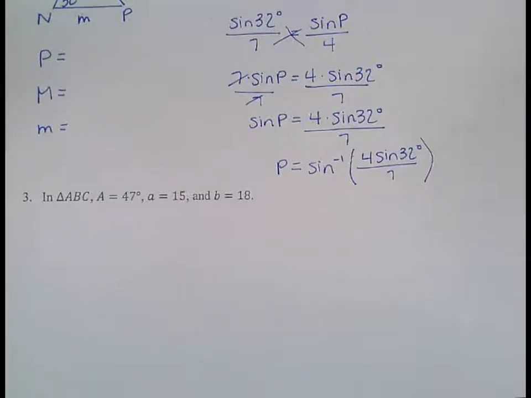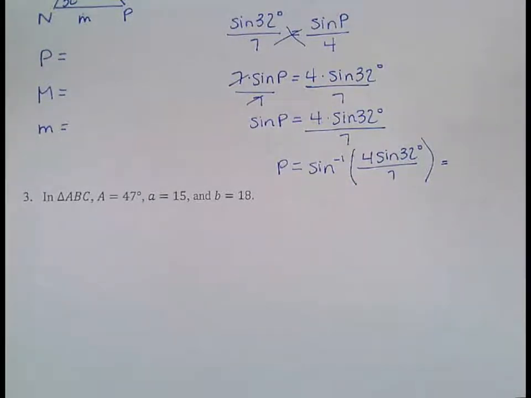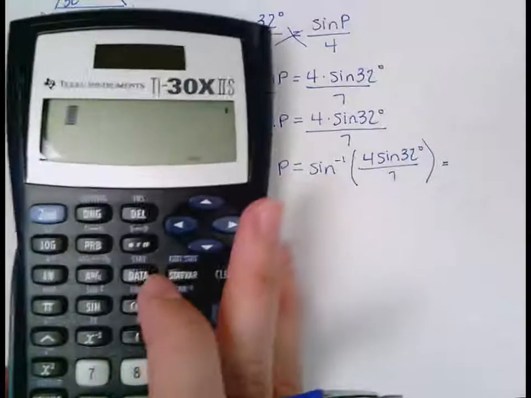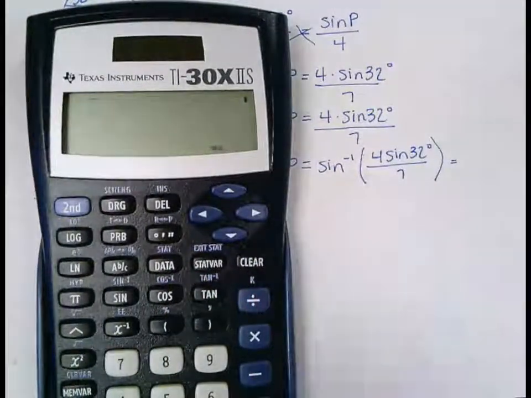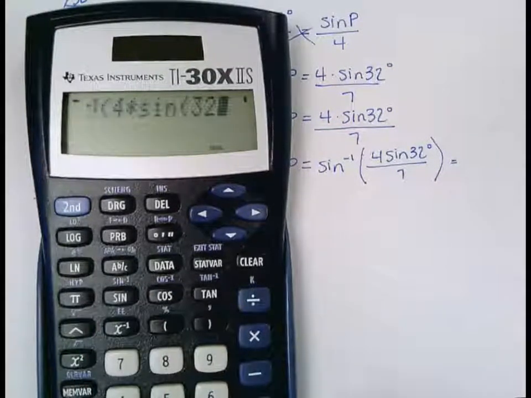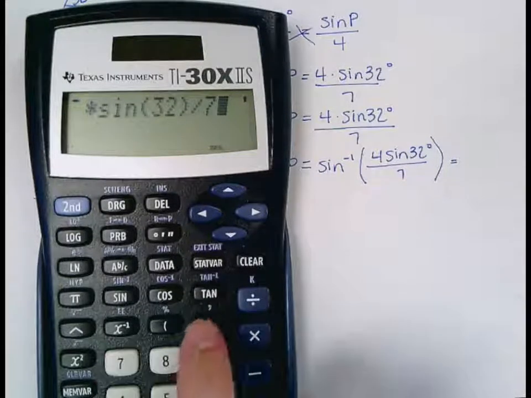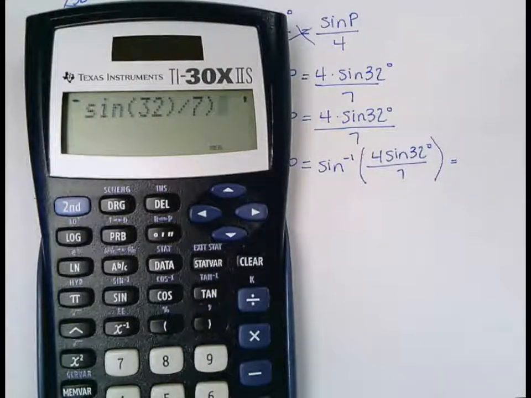Now I know different calculators all work differently, but some of you have a calculator where you can just type this in the way that it looks. If you are following along with this and not getting the right answers on your calculator, let me know during work time and I'll help you out. Typing this in: inverse sine, so second sine, and then I type in 4 times sine of 32, close the parenthesis for the sine of 32, then divided by 7, and close the parenthesis for the whole inverse sine quantity, and hit enter.